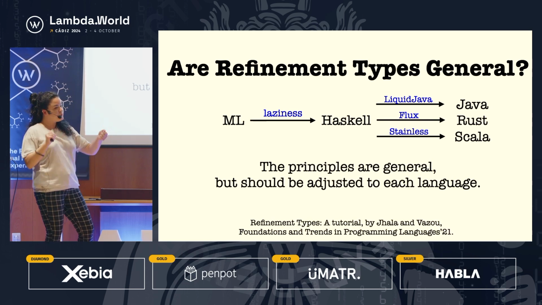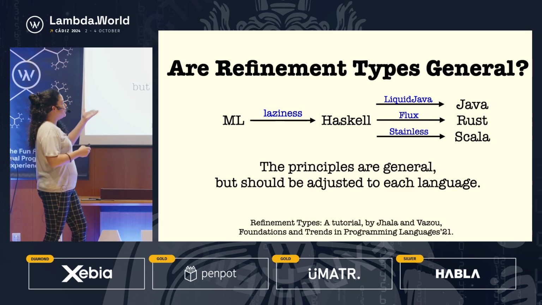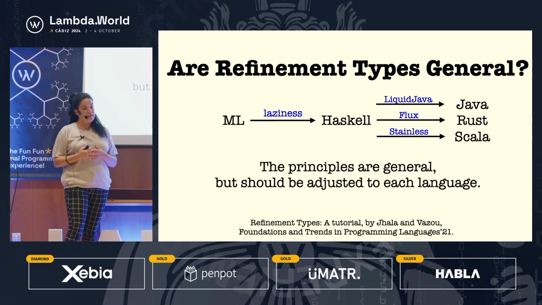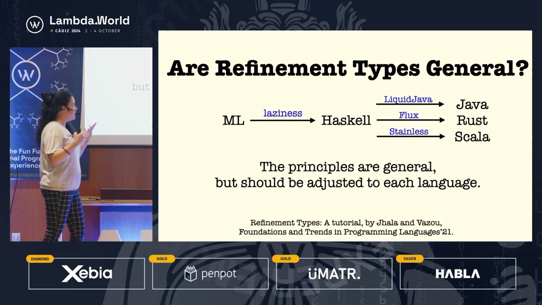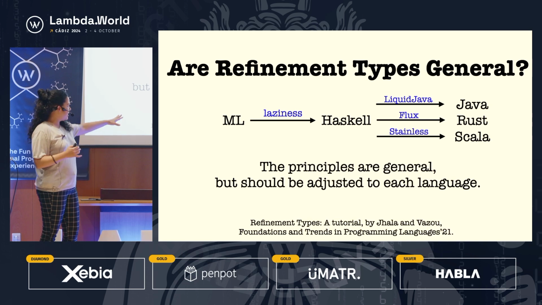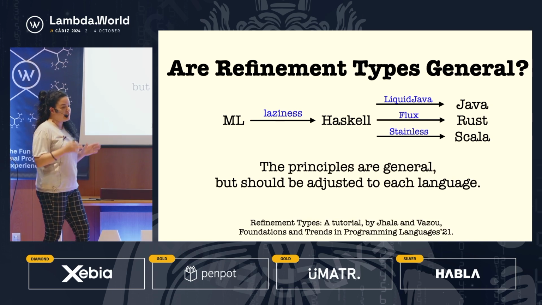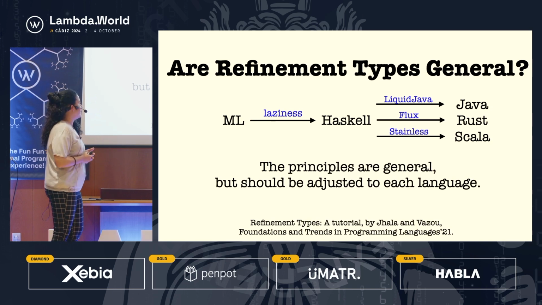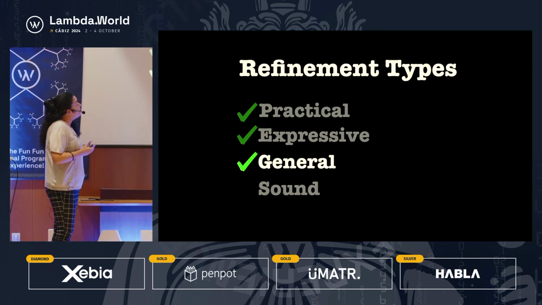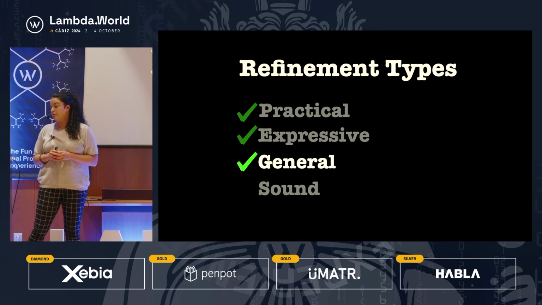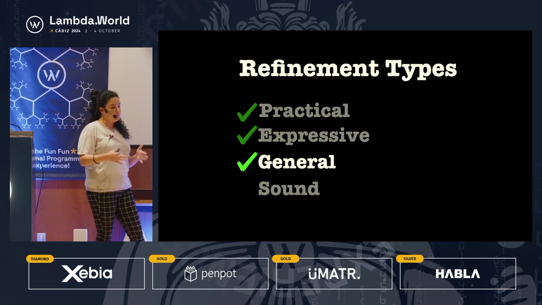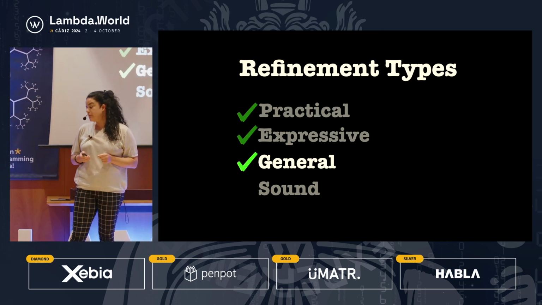So if you want to deal with these specific properties, you need to adjust the technology of refinement type development, and you need to put some thinking into it. But if you want a core calculus, this refinement types tutorial is going to give you, step by step, how to implement your own refinement type checker. And with this, I can conclude that refinement types are also general in the sense that they can be developed for various programming languages.